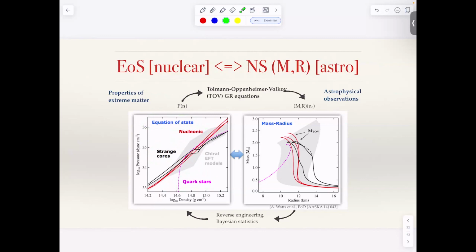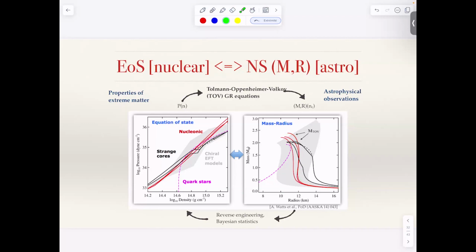You can generate different equations of state, include that into your TOV solver, and by changing the pressure inside the star, you will generate a set of masses and radii, like that.